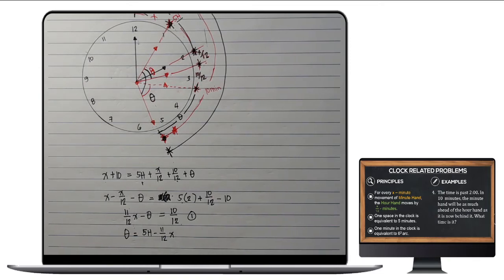Okay? So this equation is already given.